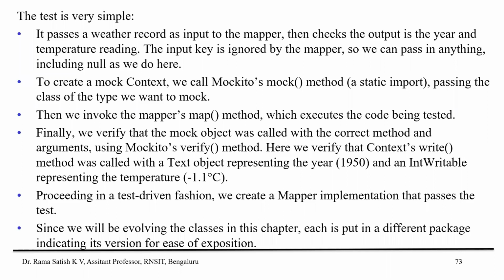In our mock context, the mock method from Mockito takes the class of the type that we want to mock. Then we invoke the mapper's map method, which executes the code being tested.